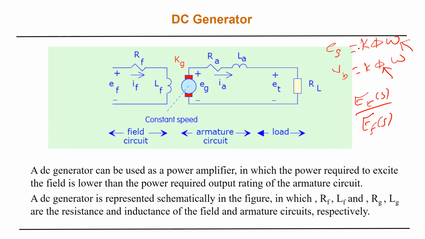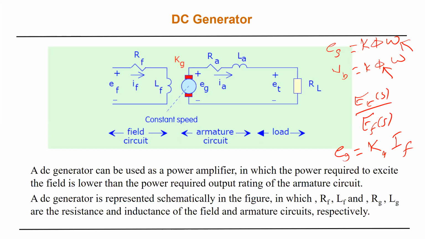Of course, EG, we said proportional to the flux, but the flux is proportional to what? How do I get current? The current, IF. So EG, you can think about it, EG equal to certain constant, let's call it KG, times IF.